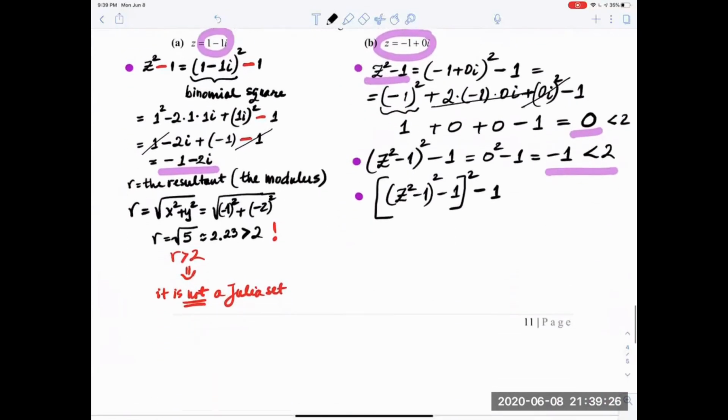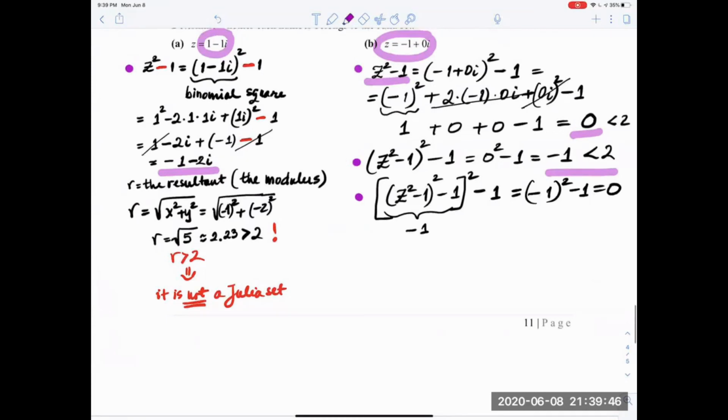Be very careful, it's just a little tedious work, but if you pay attention, you're going to be fine. This part right here is negative 1. So you get negative 1 squared minus 1, and I'm getting a 0 again. So this is awesome. This is also less than 2. That means I can continue.